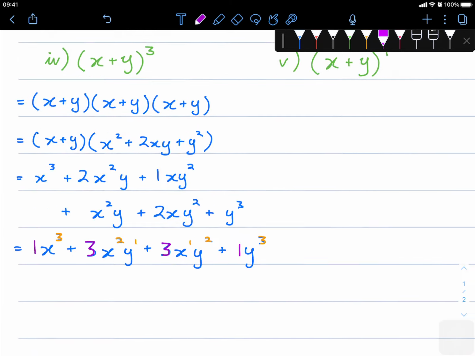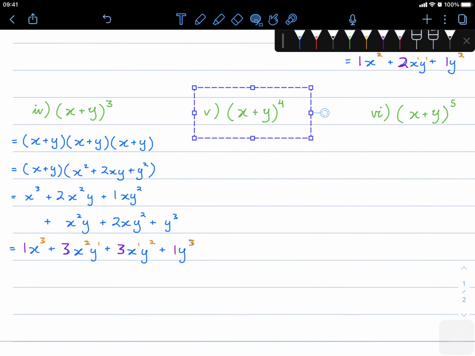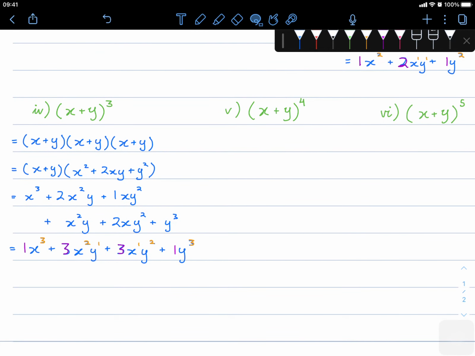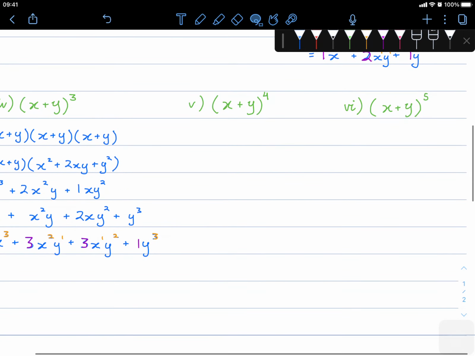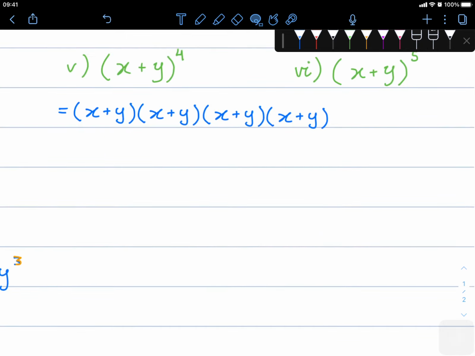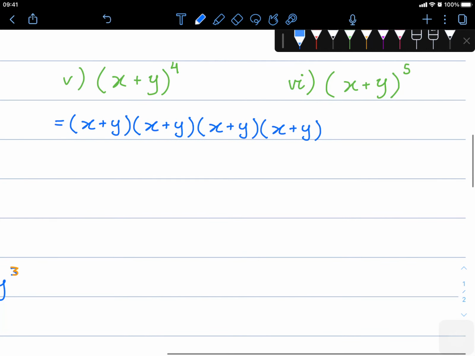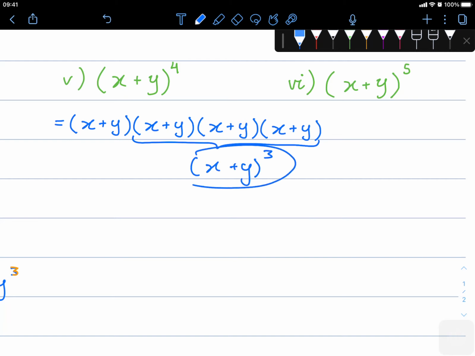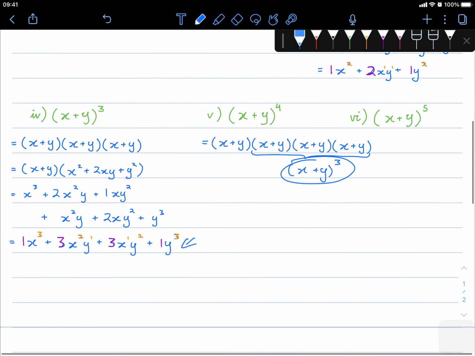Okay, let's move on to the last one for this exercise. We're definitely not going to be expanding this one. That's very, very difficult. It'll take a very long time. So once again, this is the exact same thing as the previous, except instead of just 3, there's going to be a fourth one. But as you've noticed, these 3 is just x plus y cubed. We already have the expansion for that. It's right here.